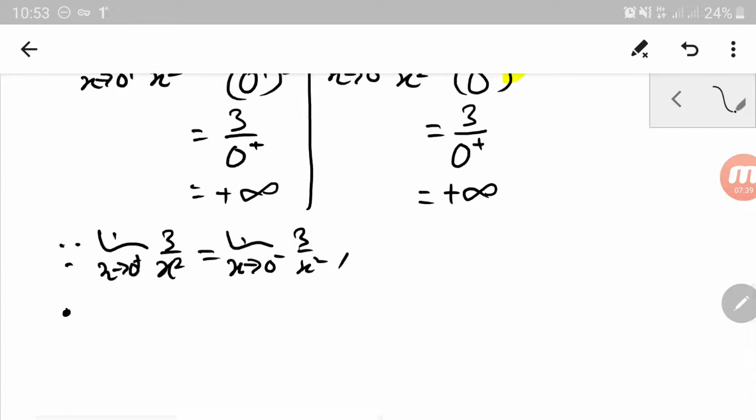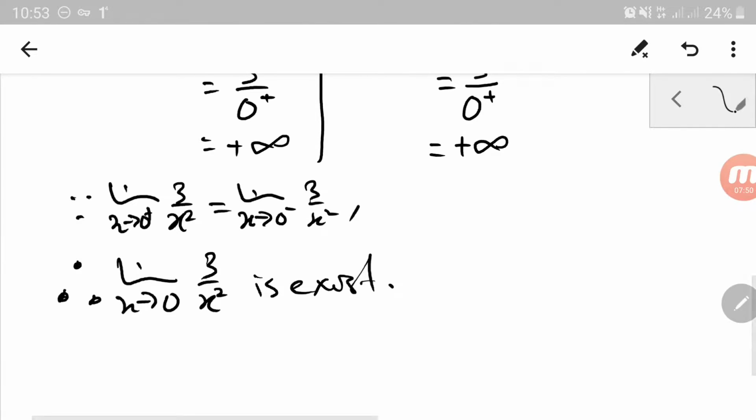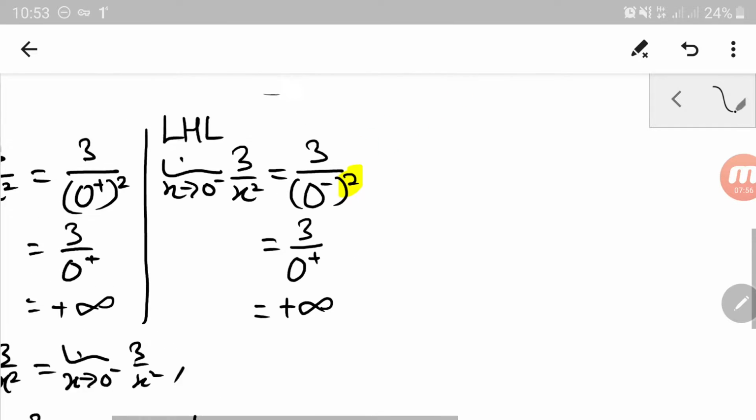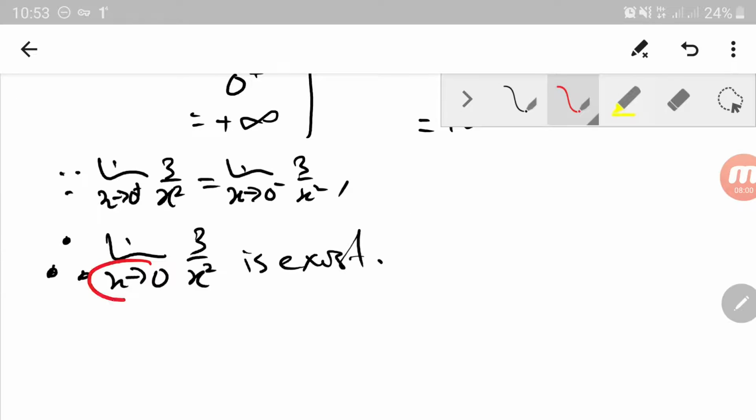Therefore, the limit as x approaches 0 of 3 over x squared exists. It exists, but it's just undefined, which is positive infinity, we don't know the number. So automatically x equals 0 is a vertical asymptote.